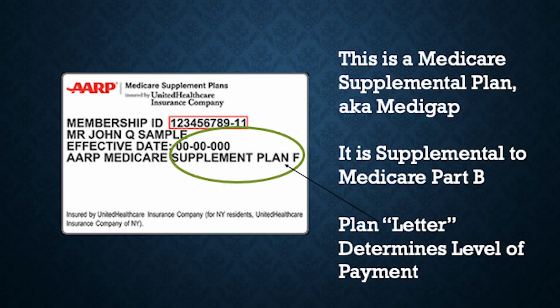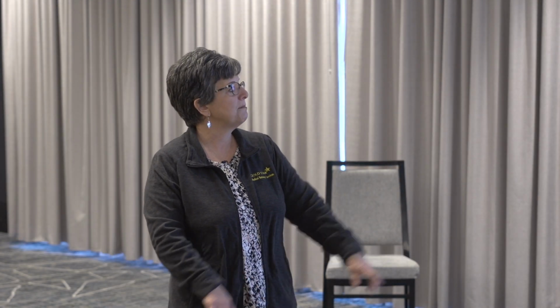This is an example of a Medicare supplemental plan, also known as a Medigap plan. This type of plan is purchased when a patient has original Medicare, which is Medicare Part B, all right? These Medigap plans are usually identified by a letter, okay, A through L, I believe.